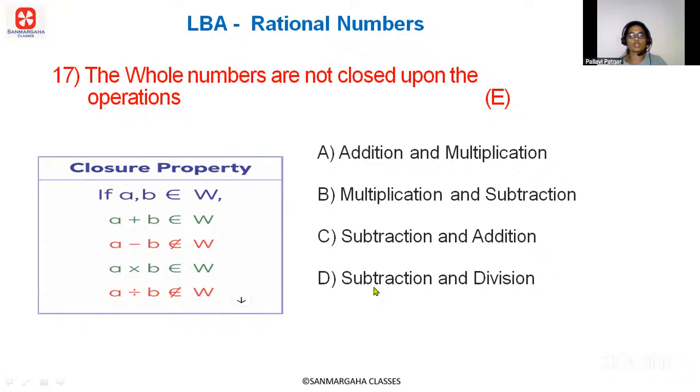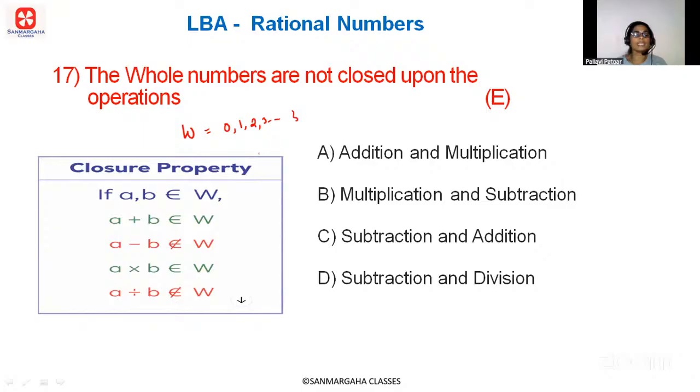So here, closure property. Okay, the whole numbers. We denote whole numbers by W. So whole numbers start from 0, 1, 2, 3, and so on. So here the operations on any two numbers. So what does the closure property say?